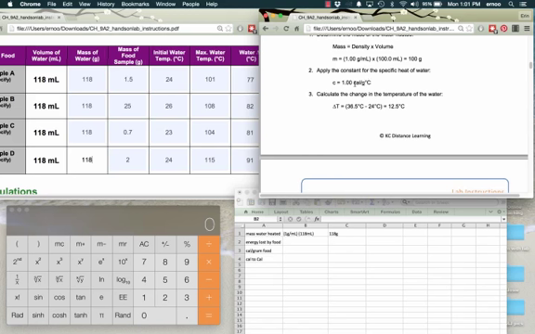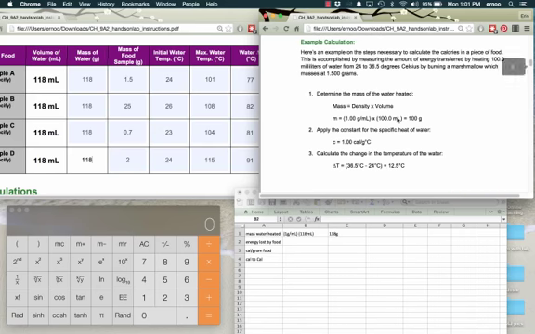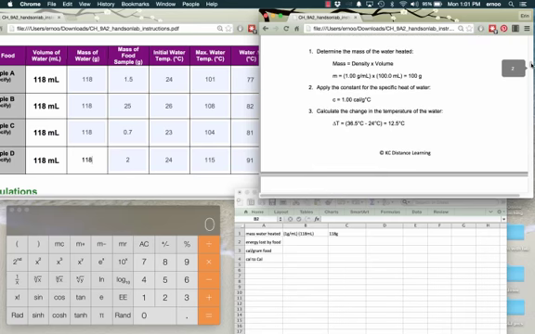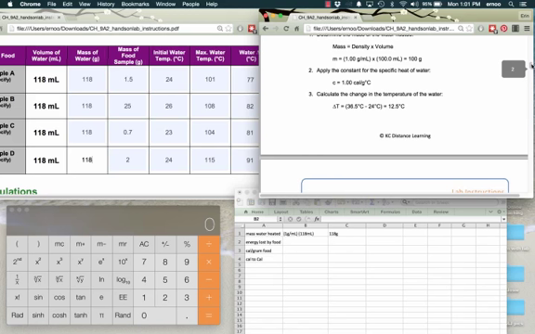So if we want to change the temperature of 1 gram of water, it's going to take us 1 calorie, 1 lowercase c calorie, to change that water 1 degree centigrade. So if you want to change it 100 degrees centigrade, you're going to have to multiply that by 100 and burn 100 calories. Okay, so that's just something to note that you're going to need in the next calculation.